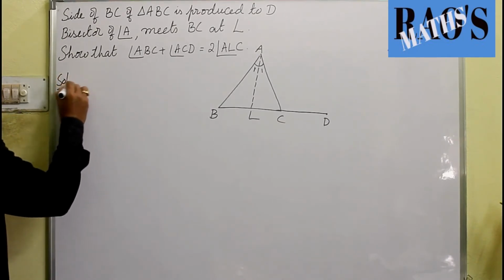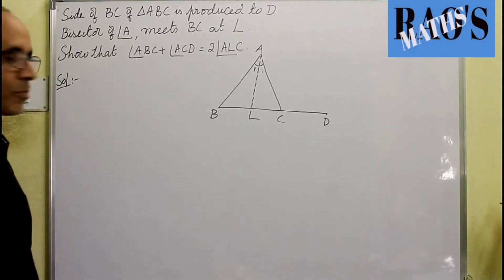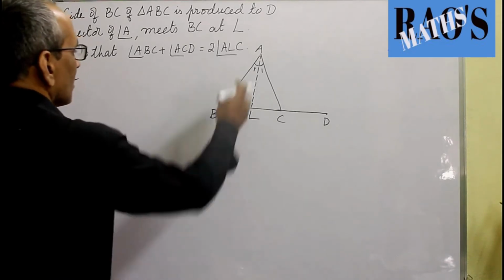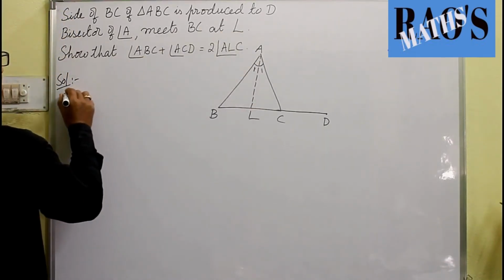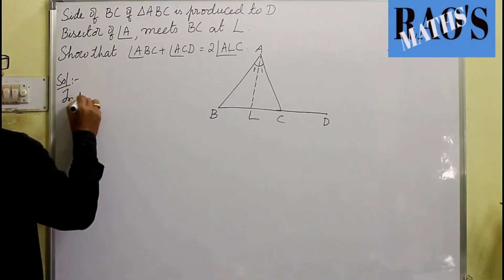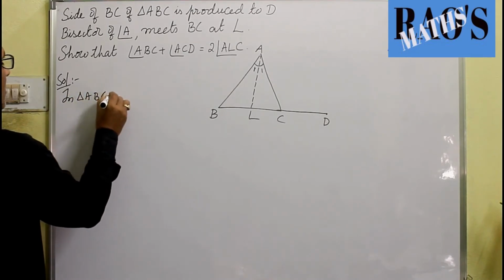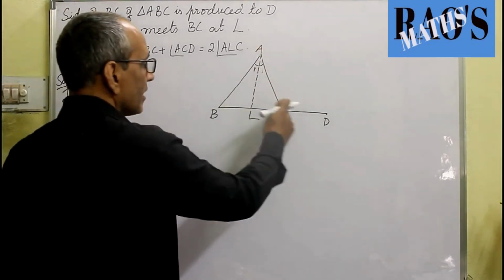Directly we don't write given and RTP and prove. Directly we solve. In triangle ABC, we know this ACD is the exterior angle.